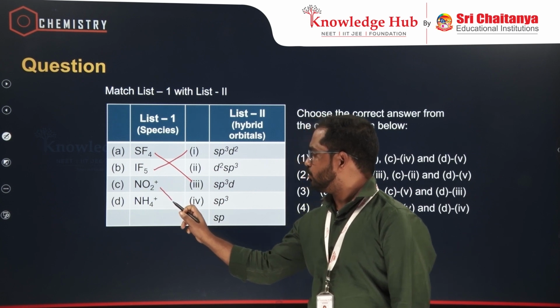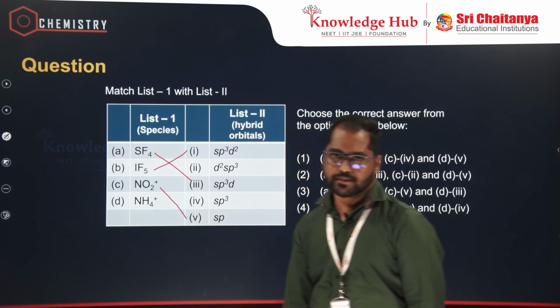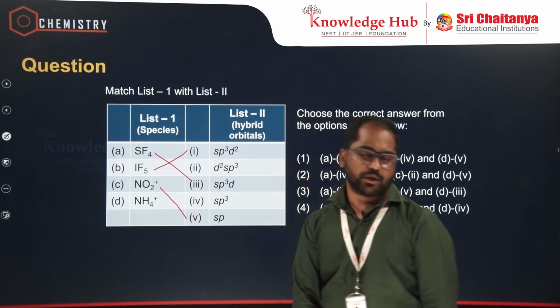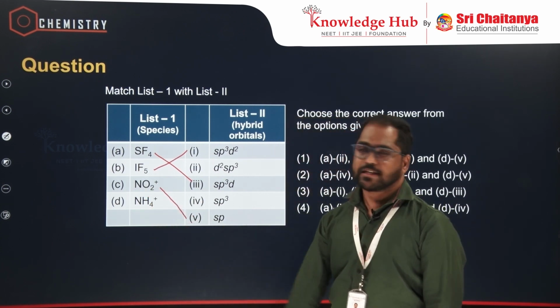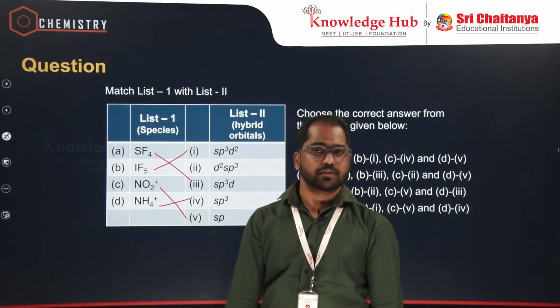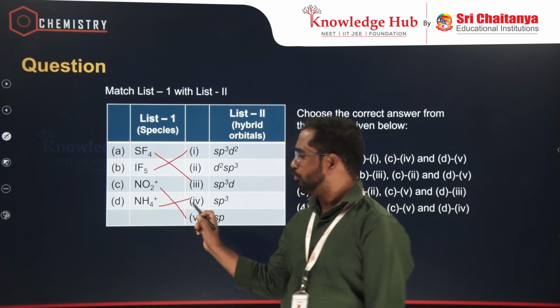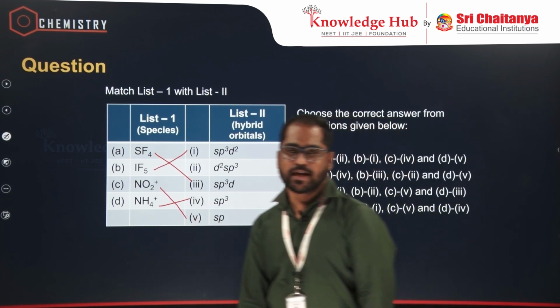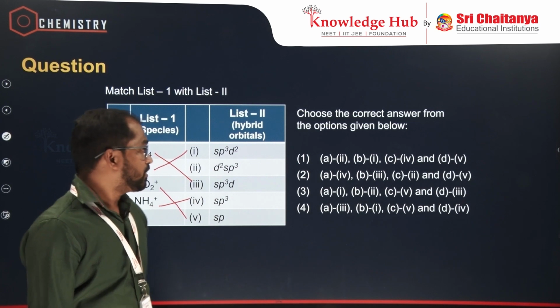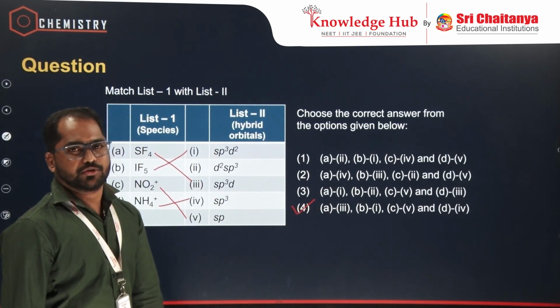For NO2 plus, there is no monovalent atom, but oxygen is divalent, so no need to consider it. If you calculate, you are going to get a steric number of 2, which indicates sp hybridization. Finally, NH4 plus, which is a cation again. Use the cation formula and predict the steric number. You are going to get 4, which represents sp3 as the hybridization. So out of the 4, the fourth option is going to be correct for this question.